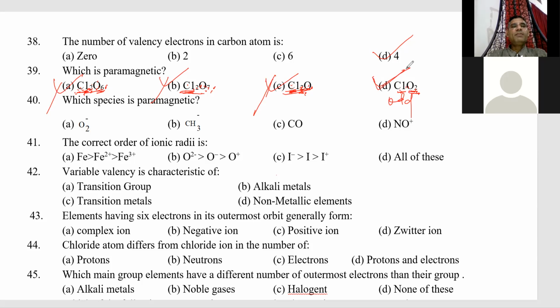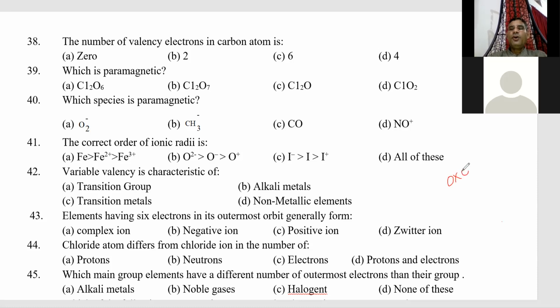Now, what about the paramagnetic nature of any of these species? Which one is paramagnetic? So again, we have to do the same way. Same way, maths. Odd into odd, odd into even, even into even, like this.